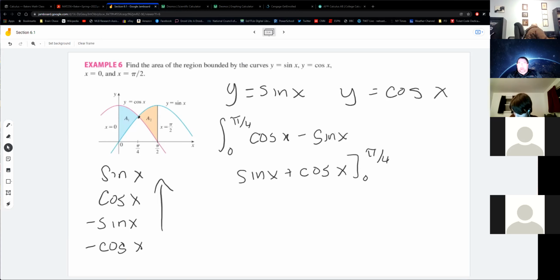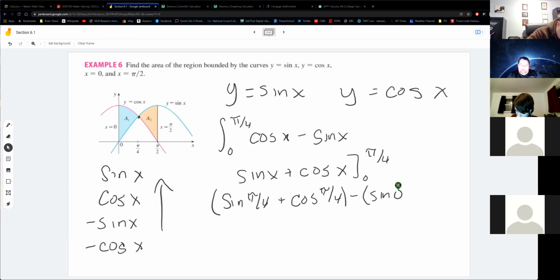All right, so now we've got to plug in our values to figure this out. We've got sine of pi over 4 plus cosine of pi over 4, and then minus sine of 0 plus cosine of 0. Sine of pi over 4 and cosine of pi over 4 are both square root of 2 over 2.